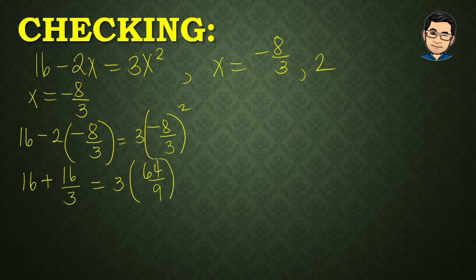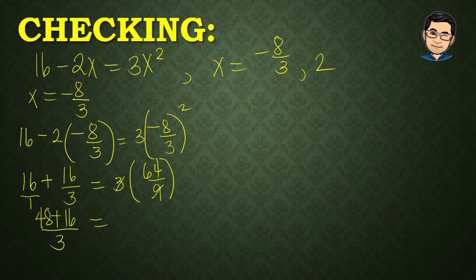And then, pwede na i-add natin ng 16 tsaka 16 over 3. Ang LCD niya ay 3. And then 3 divided by ang denominator ng 16, 1 times 16, 48. Plus 3 divided by 3, 1 plus 16, 16 equals, so ang 3 tsaka yung 9 pwede natin siyang i-cancel.